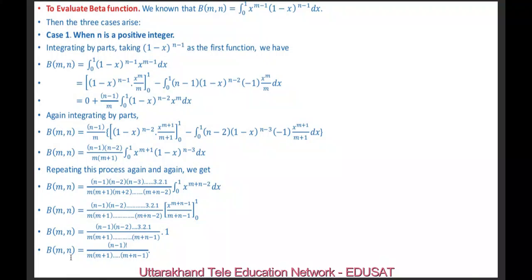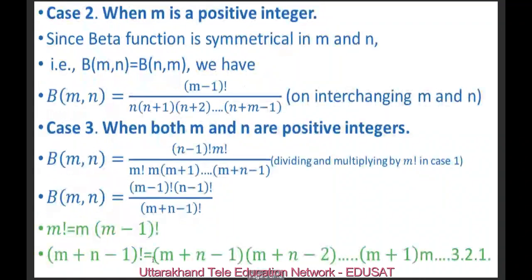In case 1, beta(m, n) equal to factorial n minus 1 upon m(m plus 1)...(m plus n minus 1). If we interchange m and n, here we will have factorial m minus 1 upon n(n plus 1)...(n plus m minus 1). So I have written this directly by interchanging m and n in the first case.